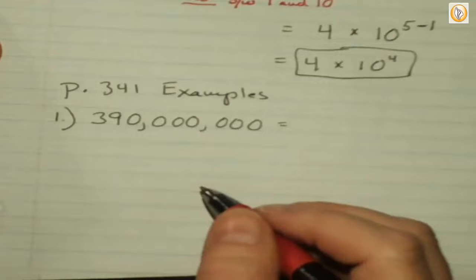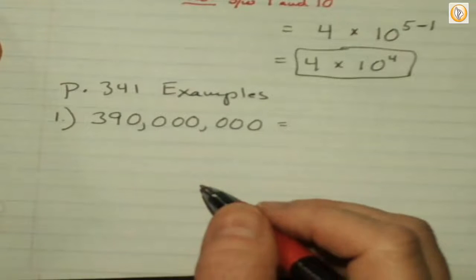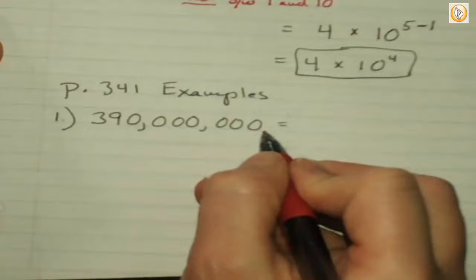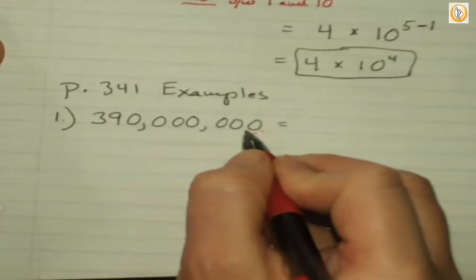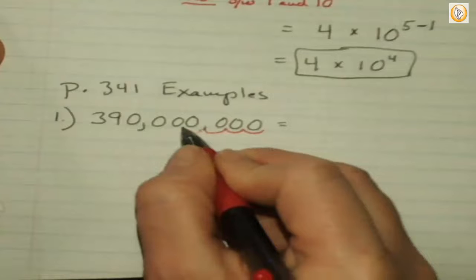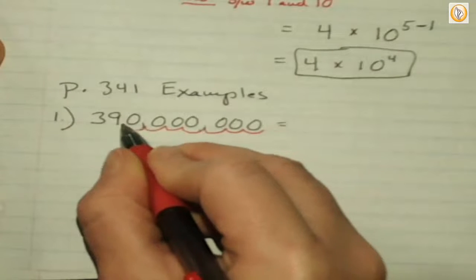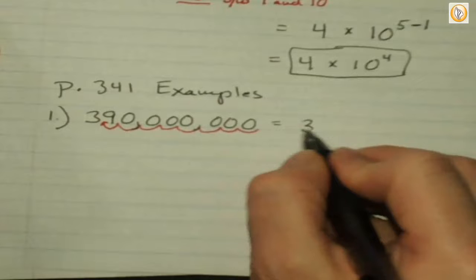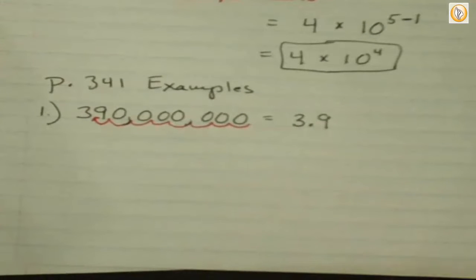You put a decimal between 3 and 9. Okay, so we're going to move the imaginary decimal. And she's correct. We're going to put it between 3 and 9 to make it between 1 and 10.